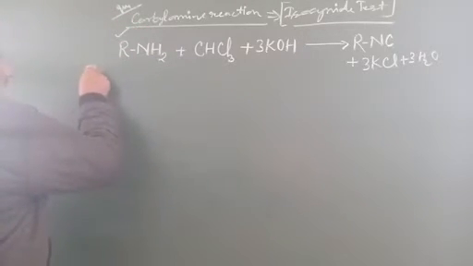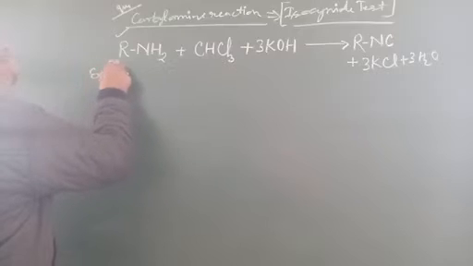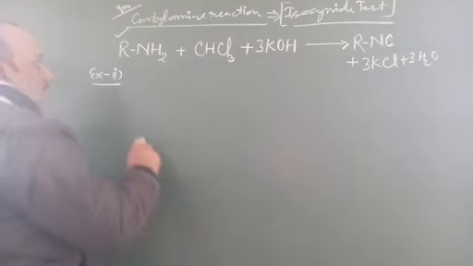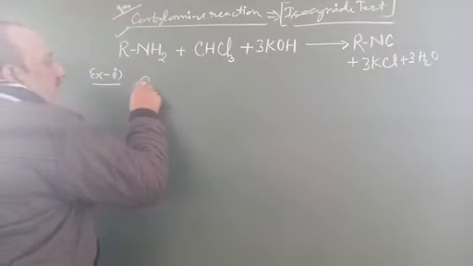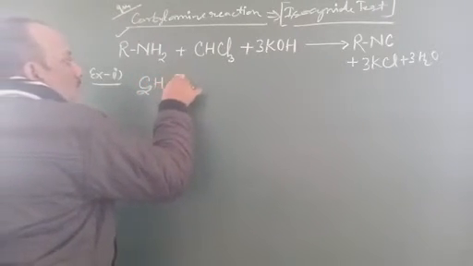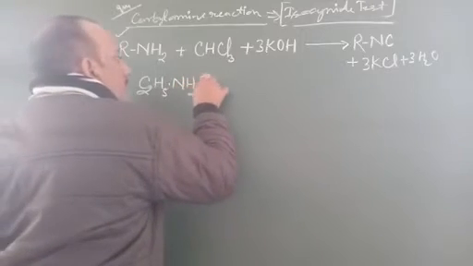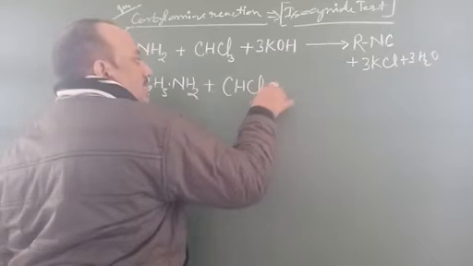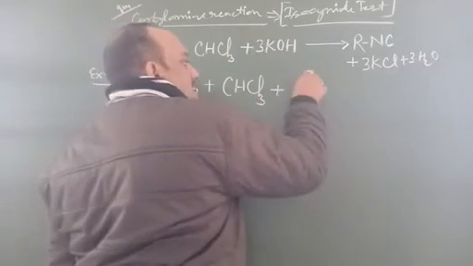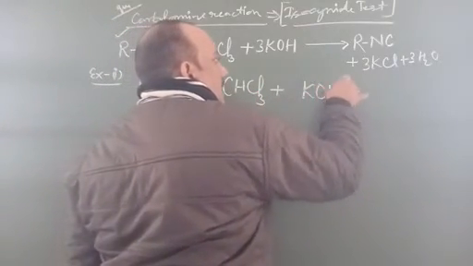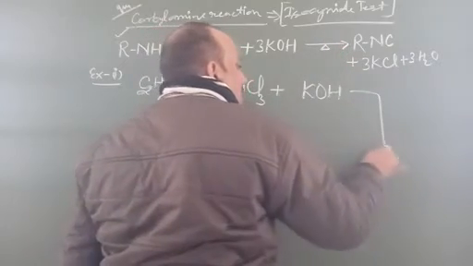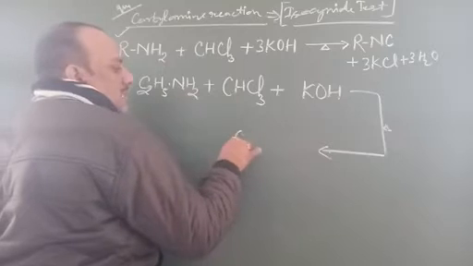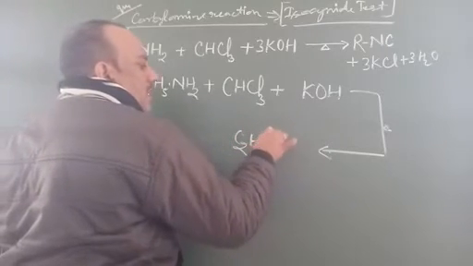Here we take the example of ethylamine because we studied the chemical properties of ethylamine. The formula of ethylamine is C2H5NH2. It reacts with chloroform CHCl3 and caustic potash KOH to form C2H5NC.